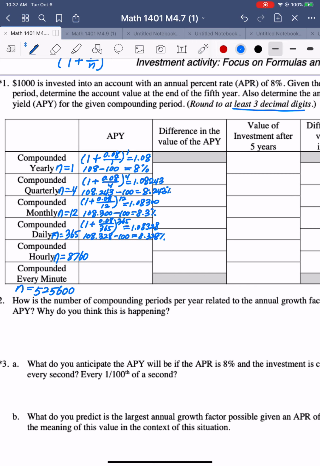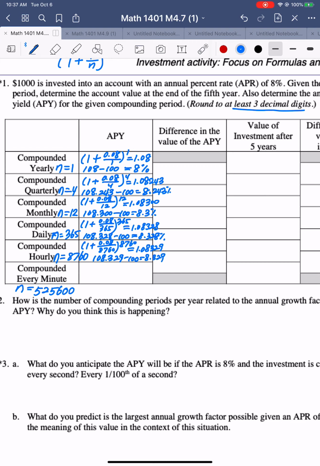And for hourly, 1 plus 0.08 over 8,760, to the 8,760 power, becomes 1.08329, which is 108.329, and subtracting 100 we get 8.329%.